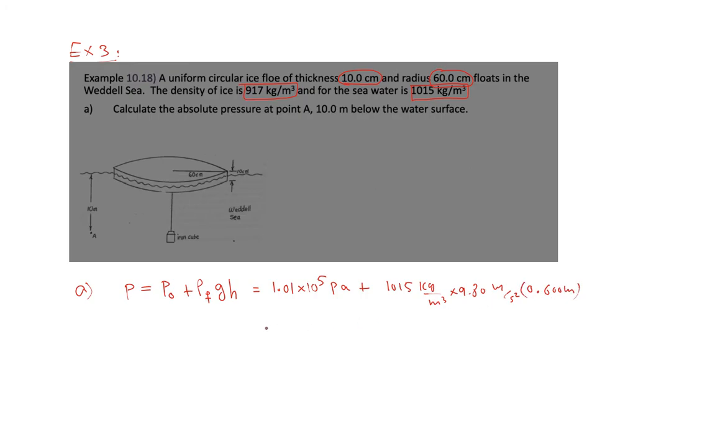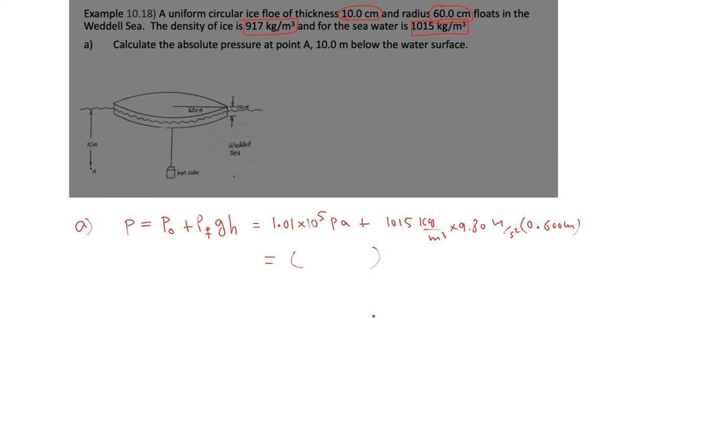This will be the pressure at 60 centimeter under the surface. It will turn out to be some number in pascals; it's not important what exactly this number is.